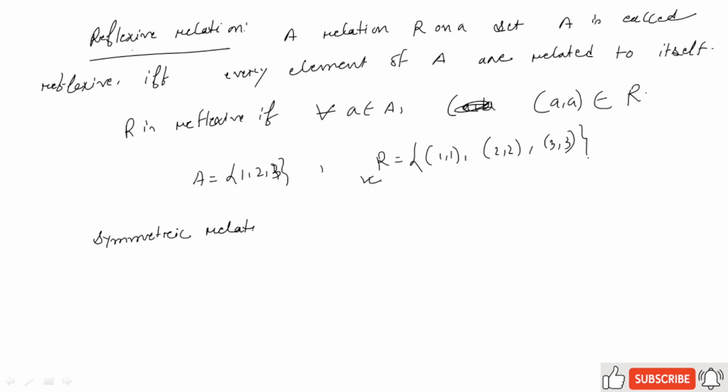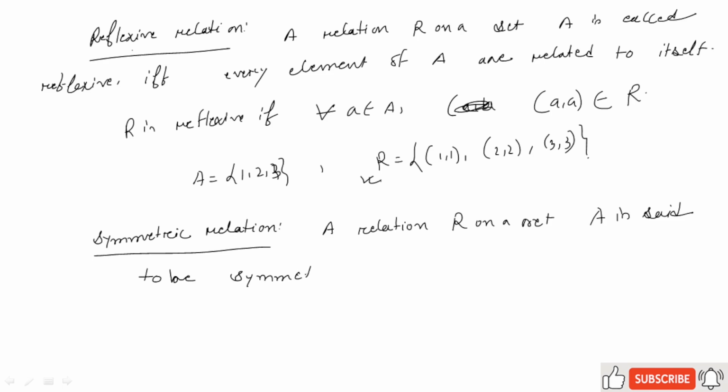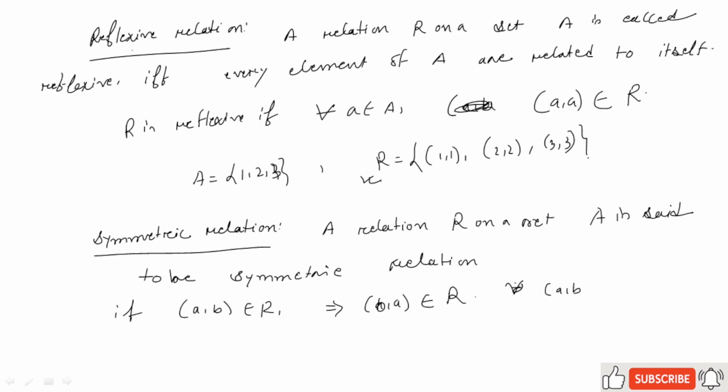Symmetric relation. A relation R on a set A is said to be a symmetric relation if (a, b) belongs to R implies (b, a) also belongs to R, for (a, b) belongs to A. Take an example.